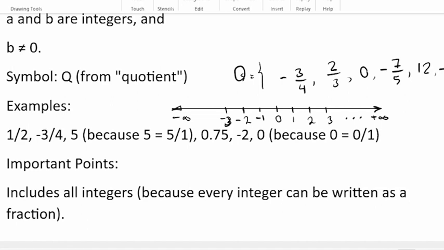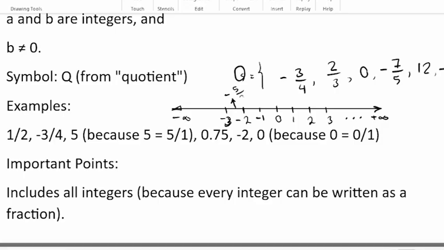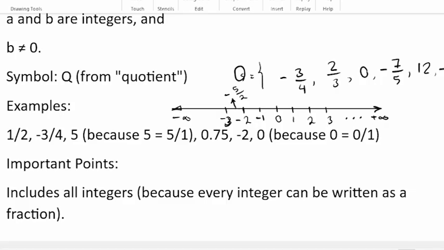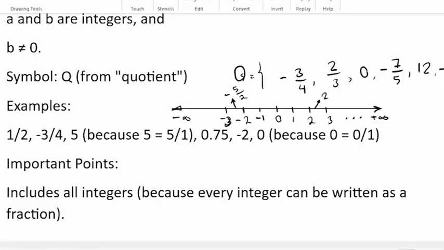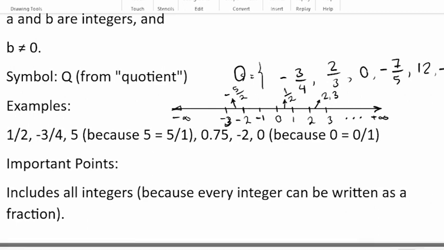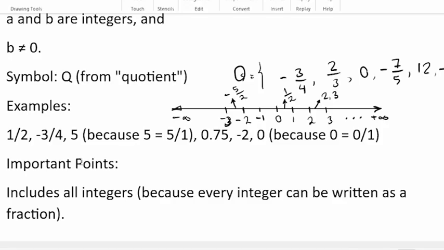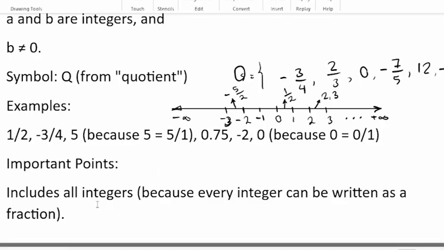These types of numbers are rational numbers. Here we can also show some fractions, for example minus 5 over 2, or here 2 point something, for example 3, or here 1 over 2, and so on. These types of fractions are called rational numbers.